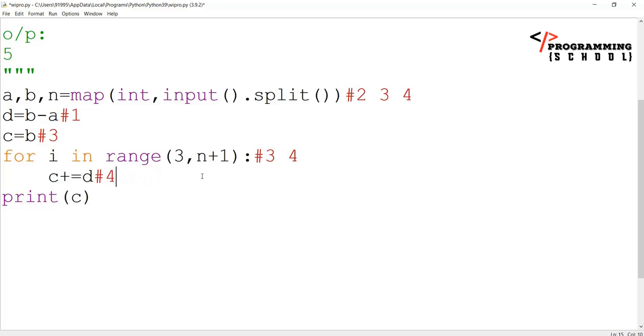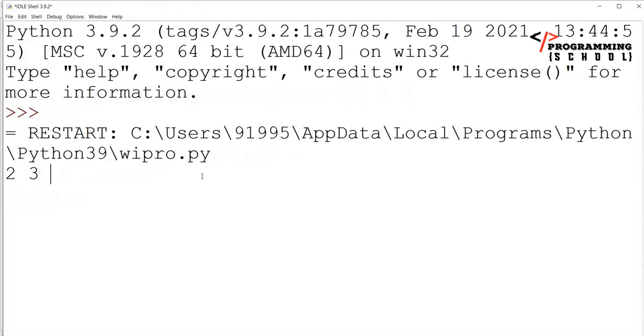Then 4 plus 1 becomes 5, and coming outside, it is going to print 5. For the input 2, 3 and 4, the fourth term of the series is 5.